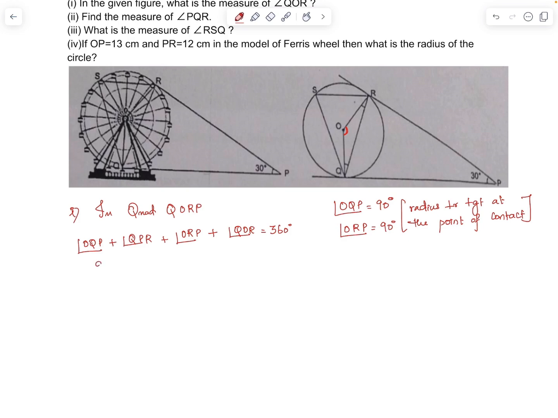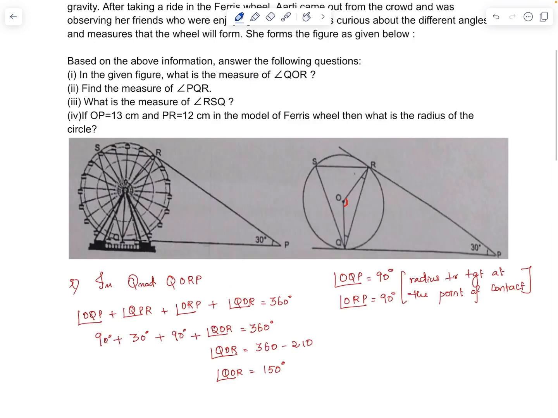OQP and ORP are 90 and QPR is 30. So angle QOR is 360 minus 210, which is 150 degrees.